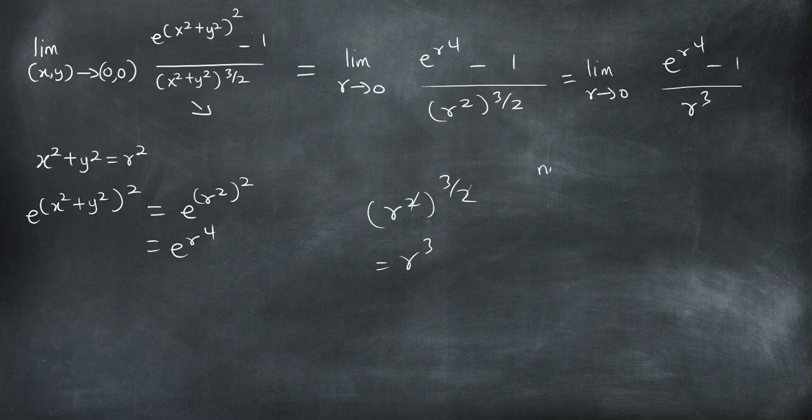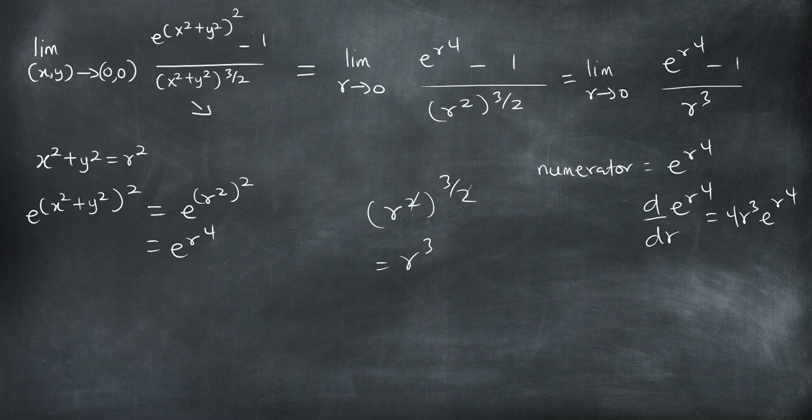For the numerator, we have e to the power r to the power 4. Let's differentiate this with respect to r. When I differentiate this, I'm going to get 4r cubed e to the power r to the power 4.